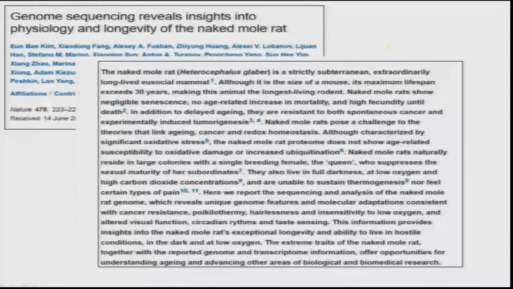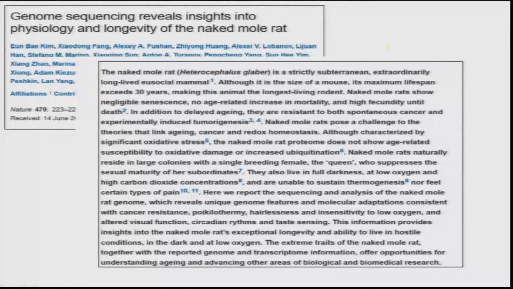When you feel cold, you shiver. Shivering is a physiological response to decreased body temperature. They don't show such shivering when you bring down the temperature, and they don't feel pain either.